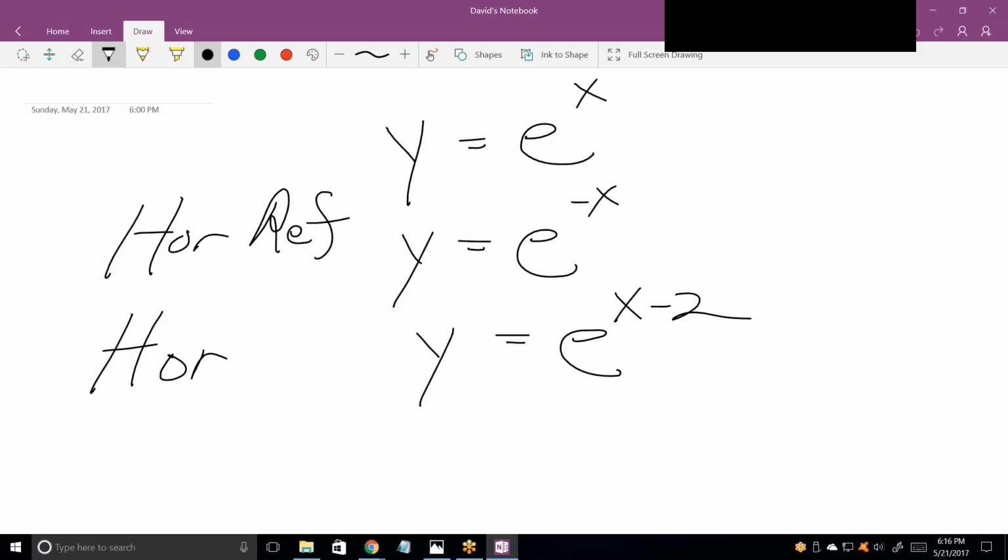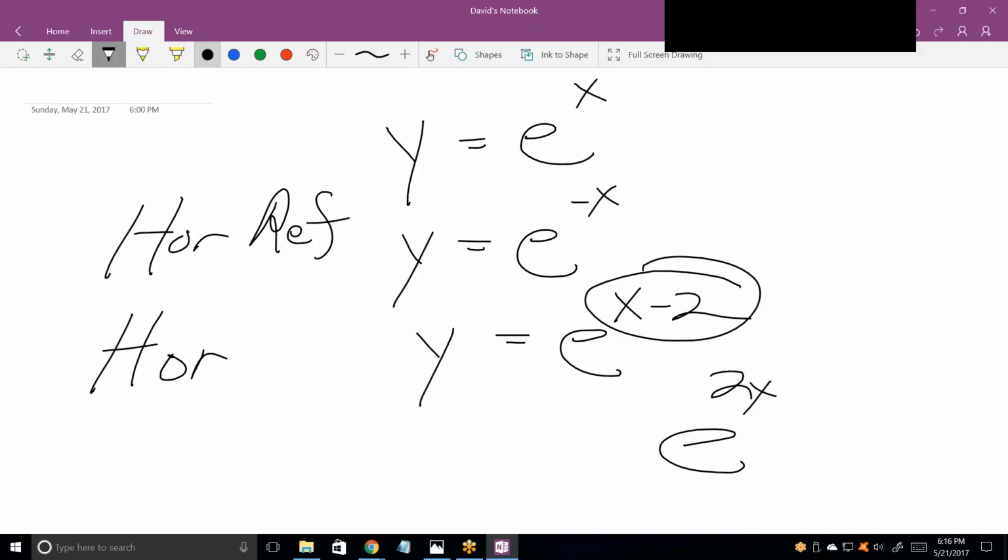They're hard to distinguish because they all start with S. So it'd be a horizontal shift, because it's minus 2. If it was e to the 2x, that would be a shrink or a stretch.